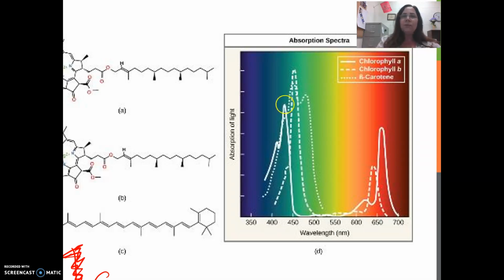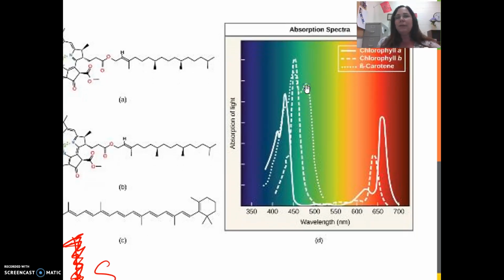Whenever you do paper chromatography, chlorophyll A is more of a regular green color, and chlorophyll B is more of an olive green color. The carotene line right here is going to go more into the yellow area.